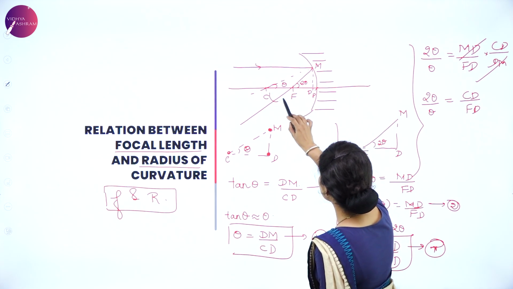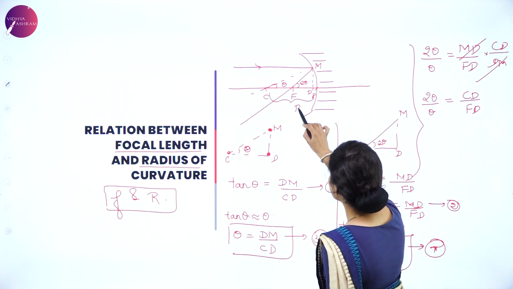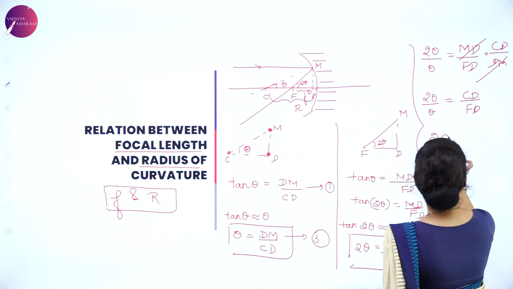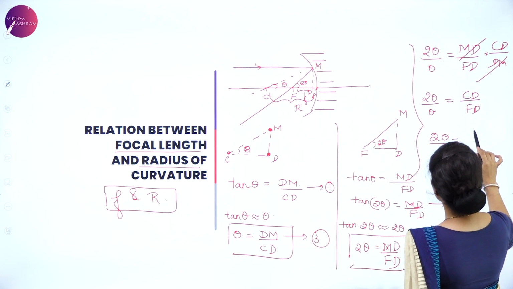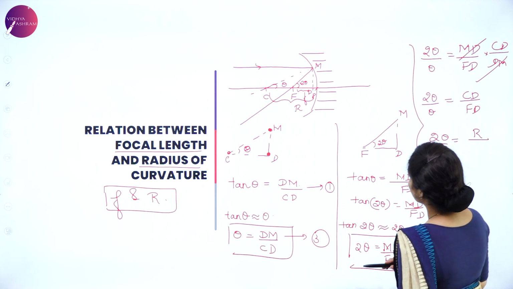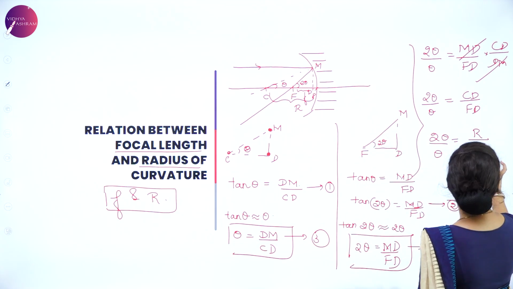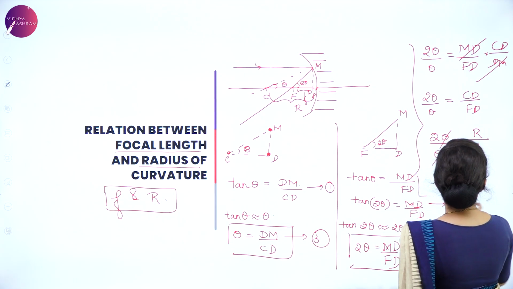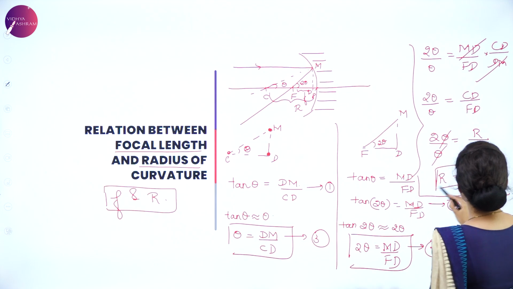What is CD? CD is nothing but the radius of curvature, and FD is nothing but the focal length. So 2 theta divided by theta is equal to R divided by F. Theta cancels with theta. So we have R is equal to 2 times F. This is the final equation.